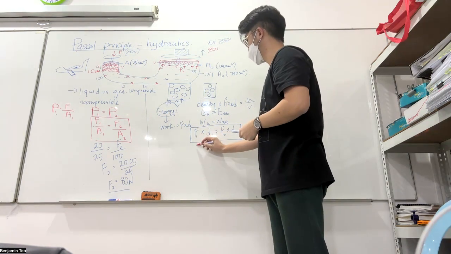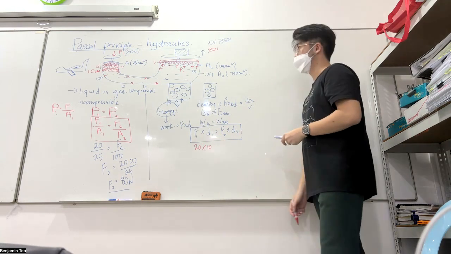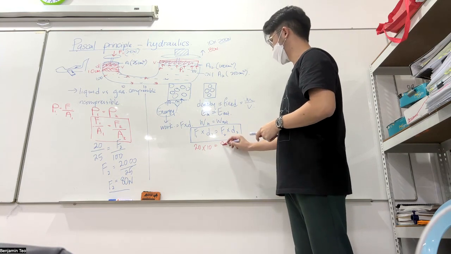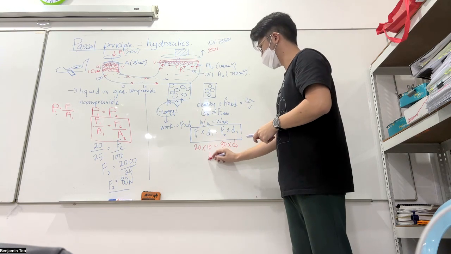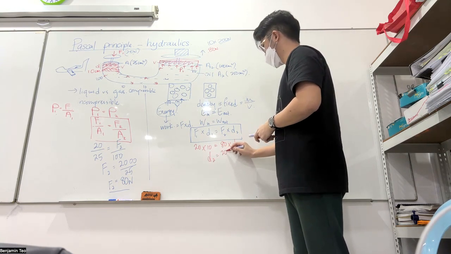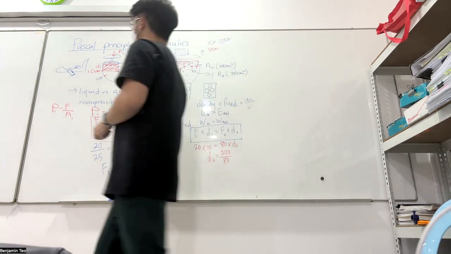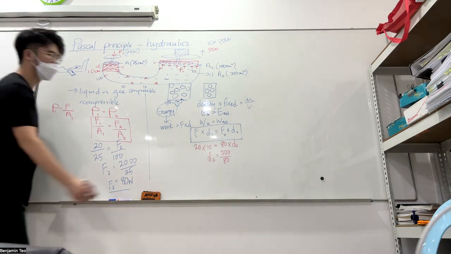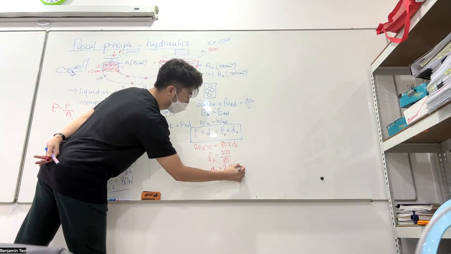Force 1, 20, into 10 cm. Force number 2, 18 into D2. So D2 equals 200 divided by 80. This one you find 2.5 cm.